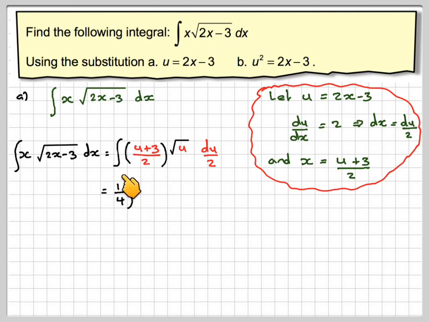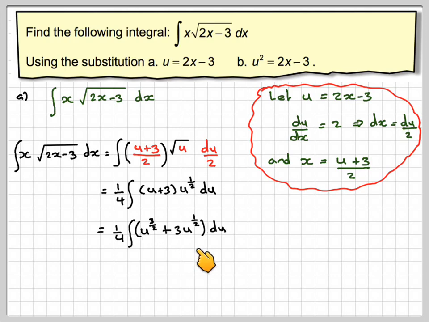Now, 2 times 2 gives 4, so we'll take out 1/4, and we'll be left with u plus 3 times the square root of u, which is u to the half, du. Now we're going to multiply out that bracket, so we have 1/4 of u to the 3 over 2 plus 3u to the half, du.